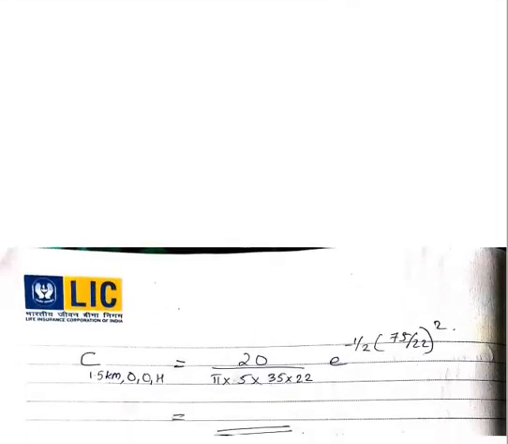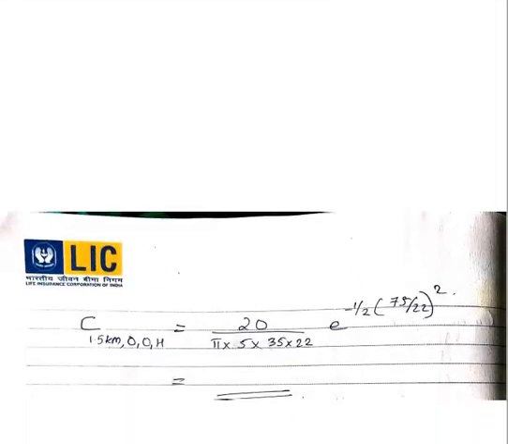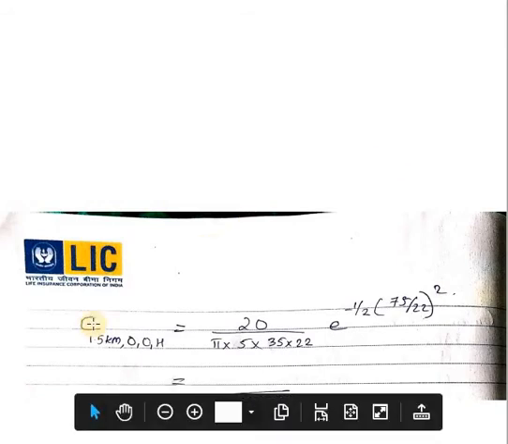So substituting the value of Q, U, sigma Y, sigma Z and y in the above equation, you will get the value of C. This is the first problem.